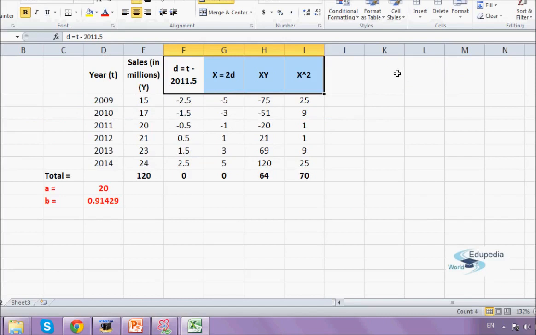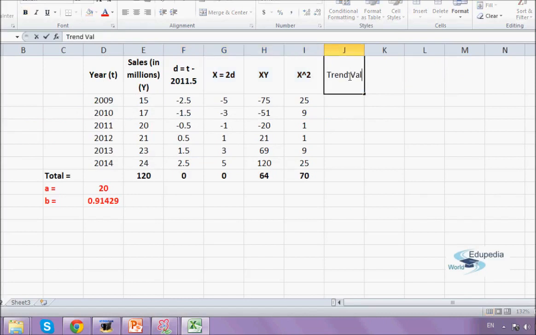Further, if you want to find the trend values, we can do that here. Trend values are represented by Y with a subscript small t, and for the trend values we put in the equation, which is a plus b, which is 0.91 times X. So the trend value for the year 2009 is 15.45, and so on.